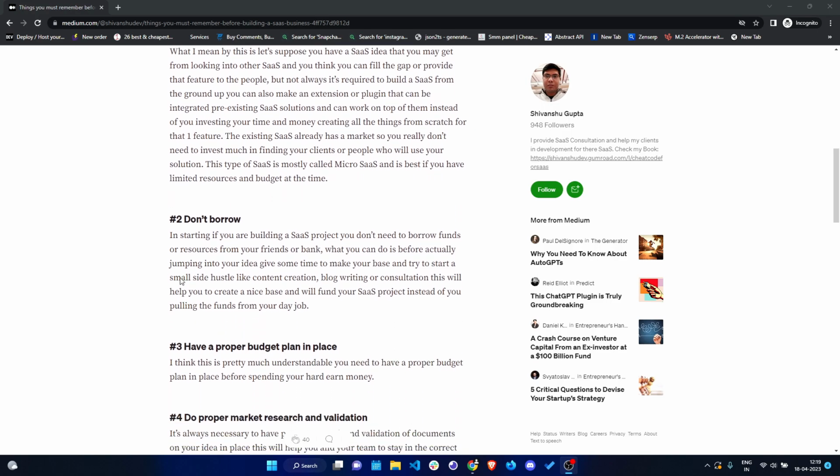The number two point I want to highlight is that you don't need to borrow or lend any kind of funds, investment or resources in the starting. If you're planning to build a SaaS application, you should have some kind of a backbone that can fund or invest in yourself. You can start with content writing, consulting others, or some kind of business that can provide funds to your SaaS application, instead of using money from your day-to-day job.